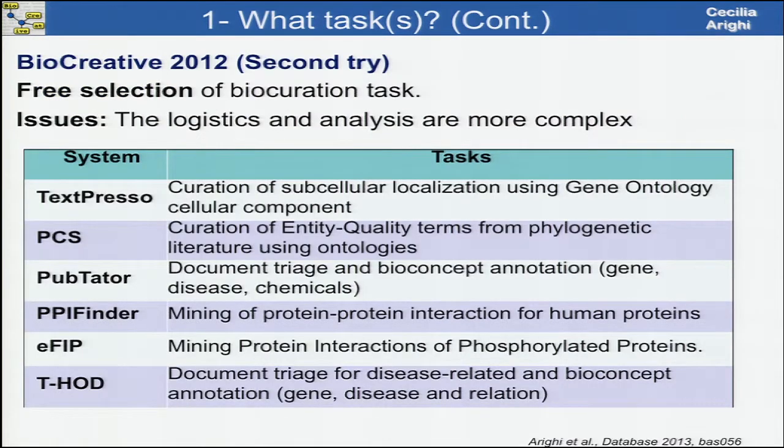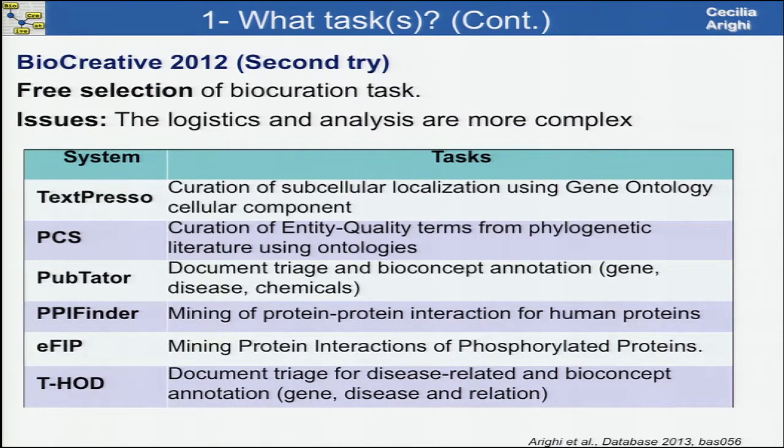So next time, we decided to do a free selection of biocuration tasks. Basically, we said it's open. Anyone who has a tool that tackles a biocuration problem can present their system, and we will recruit biocurators to look at that system.